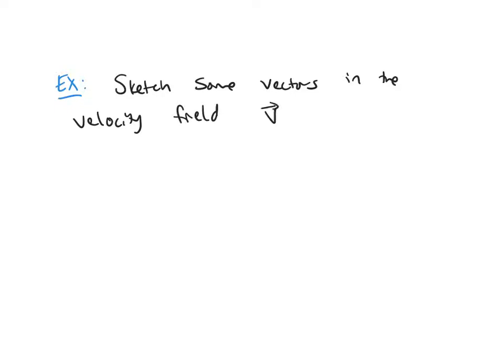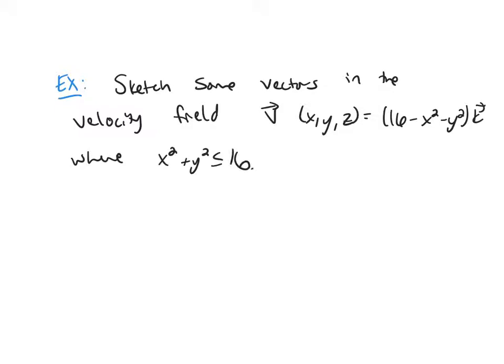I'll call it V of x, y, z, which spits out (16 minus x squared minus y squared) k, where x squared plus y squared is less than or equal to 16. So if you look at your equation for V, z is not involved here.